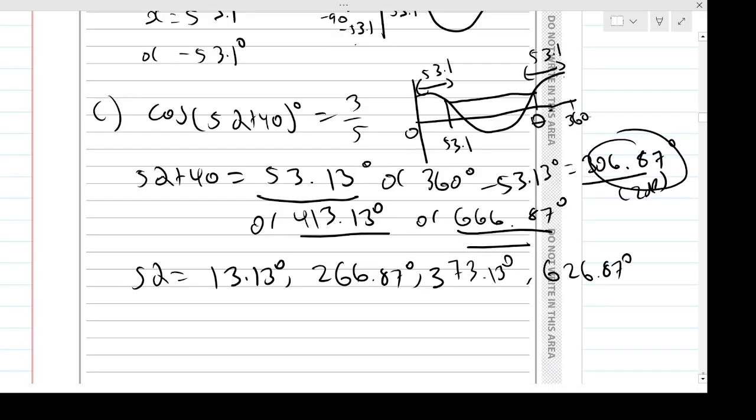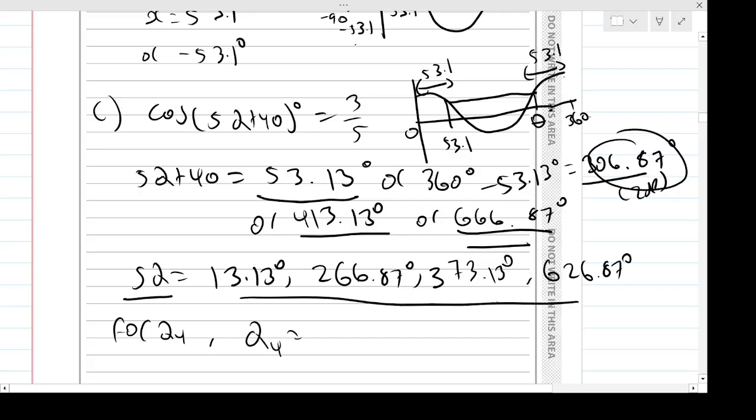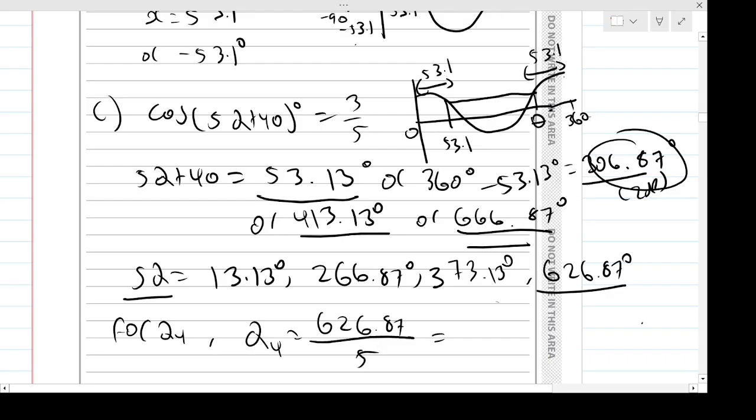So for alpha 4, this is the fourth positive one, the fourth one in the list. 5 alpha is equal to 626.87, so to get alpha, I need to divide by 5 lastly. 626.87 divided by 5 gives 125.4.